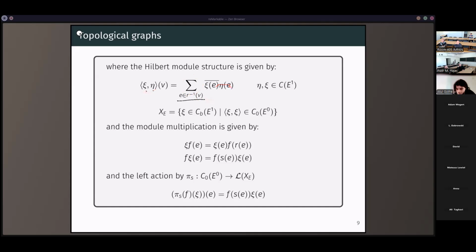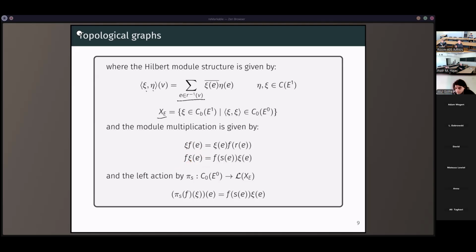We define this space X_E to consist of all functions xi in the bounded continuous functions on E1 such that the inner product of xi with itself ends up in C0(E0). So it's a subspace of C_b(E1). We define the module multiplication on the right by precomposition with range, that is, psi acts by f of range of e, and the left multiplication f psi of e gives f of S of e times psi of e.